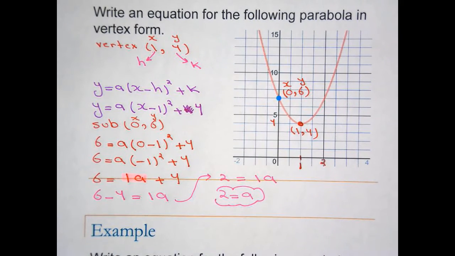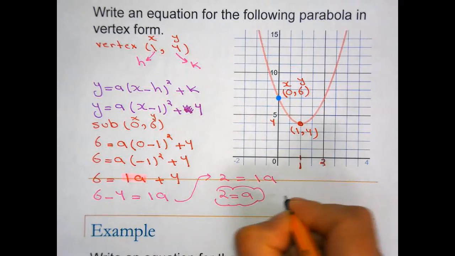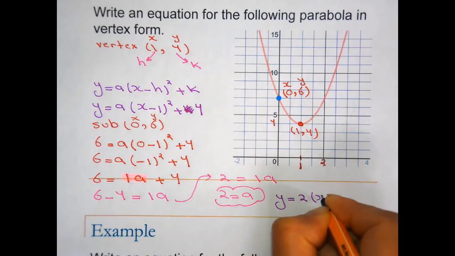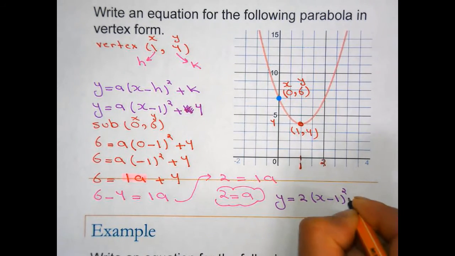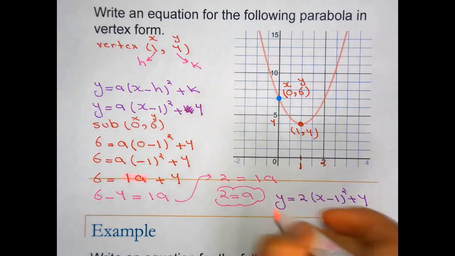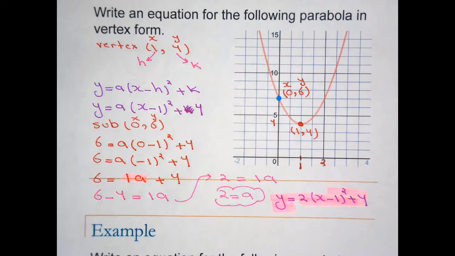Now, in order to finish your work, I'm asking you to sub this in here and write the final equation. So y equals 2(x minus 1) squared plus 4. And that will be your final answer. That will be the equation that will lead into having this graph. Now, let's do one more example.